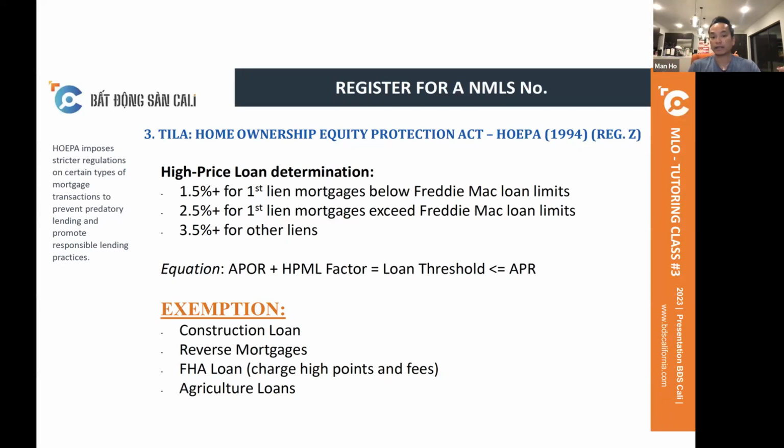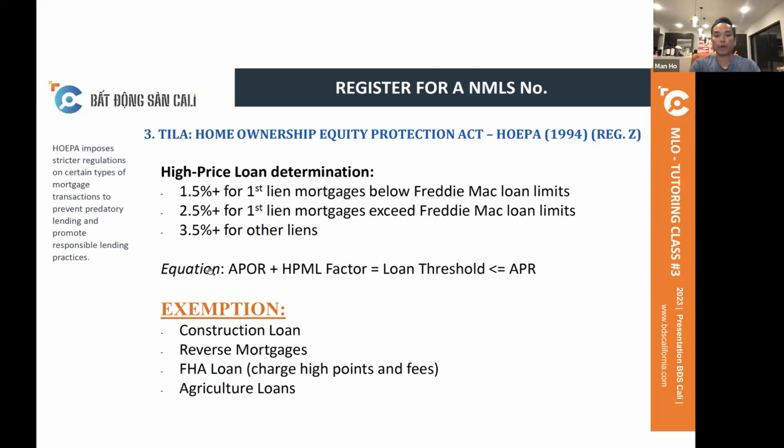That is what the second lien, or other liens, means. The first lien is the first mortgage, the primary, the biggest. The second lien is the second mortgage, additional money that you need to close the property. So if the second lien or other lien is 3.5% higher than the Freddie Mac limit, then that's considered a high price loan.